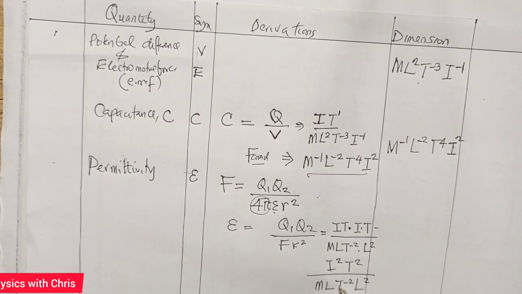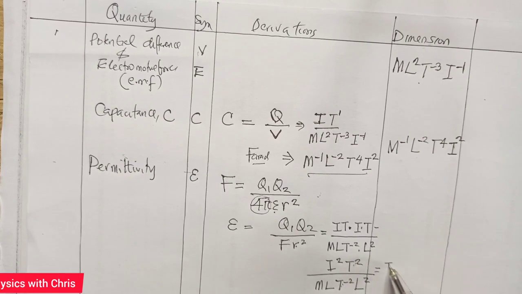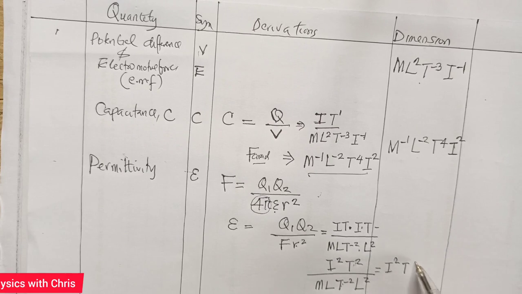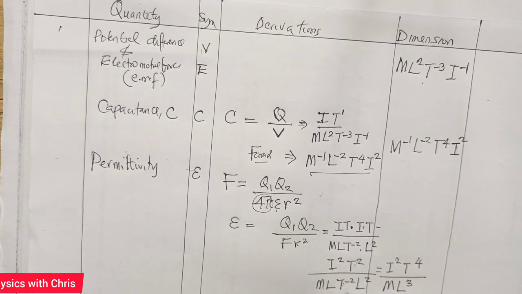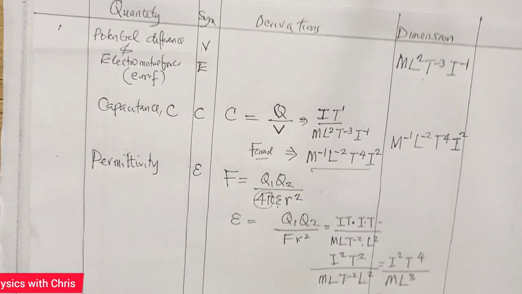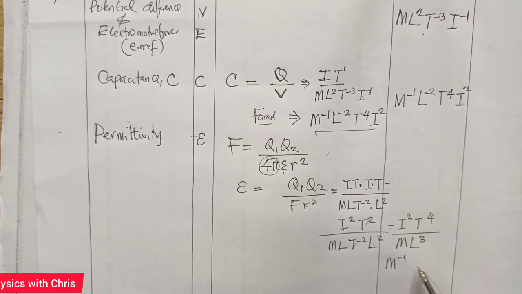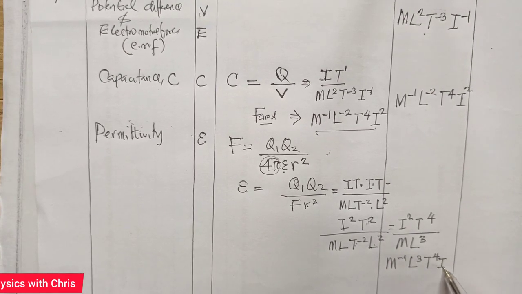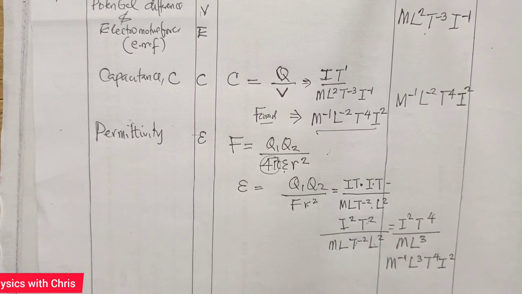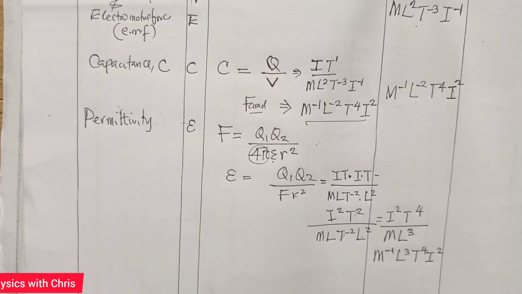Now, when you evaluate this using the laws of indices, you have I squared T raised to power 4, over M, and L times L squared gives me L raised to power 3. So I have M minus 1, L 3, T 4, I raised to power 2. That gives me the dimension of permittivity.